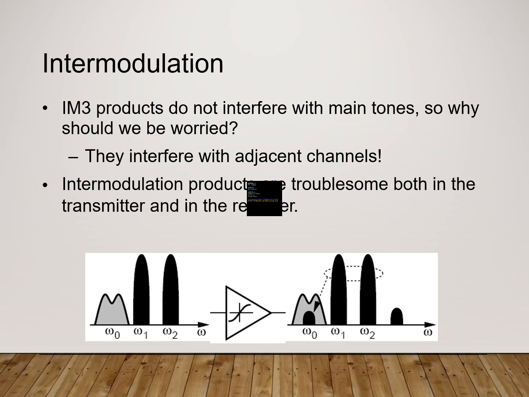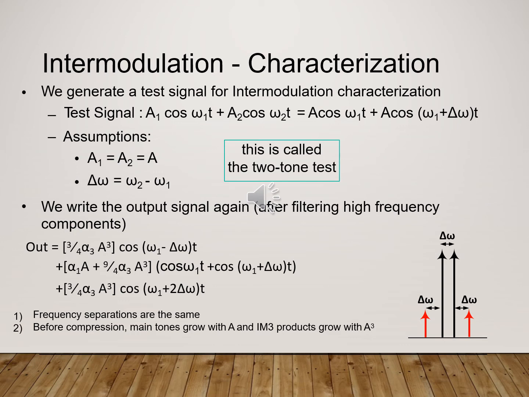Intermodulation products are troublesome in both the transmitter and the receiver at the same level. As we explained before, we have a two-tone test for intermodulation, and with these terms, the output of the test will be as you see in the equations in the slides. Frequency separations are the same. Before compression, main tones grow with A, and intermodulation products grow with A cubed.